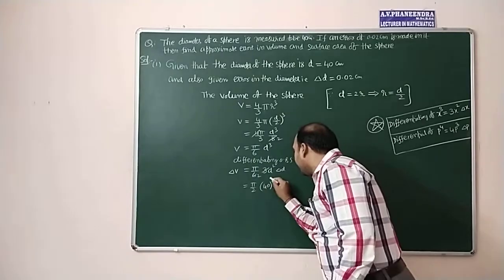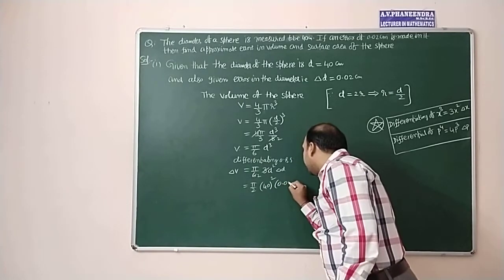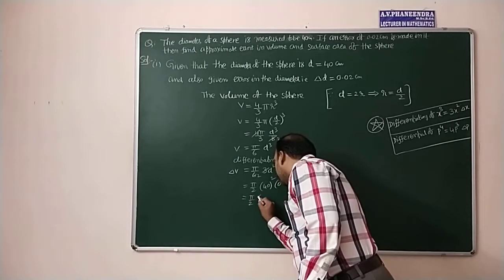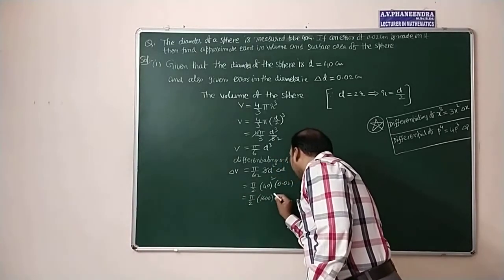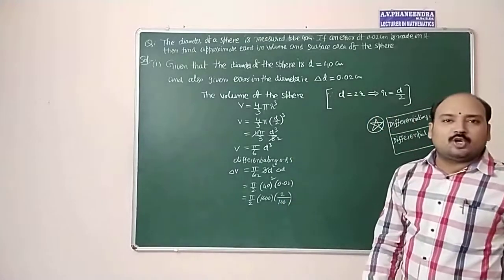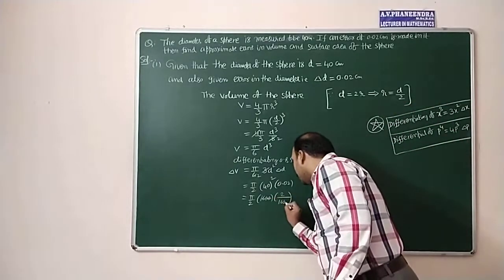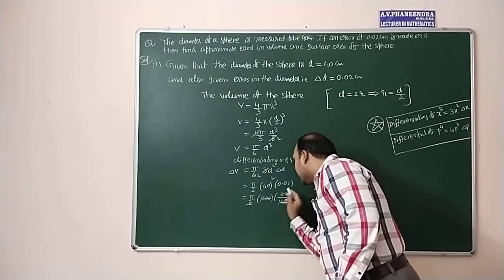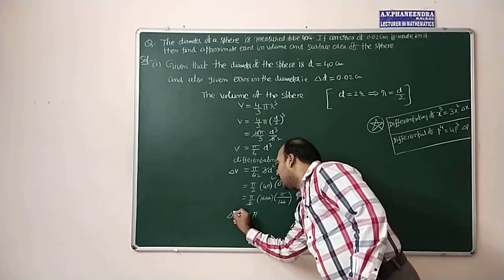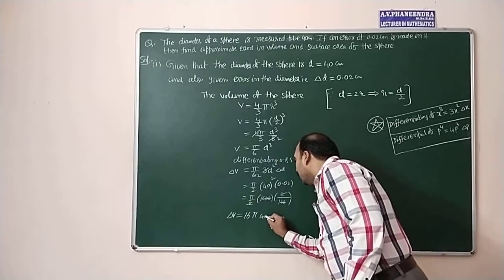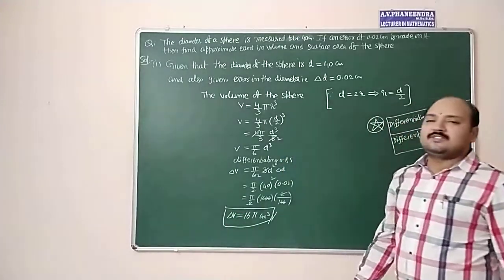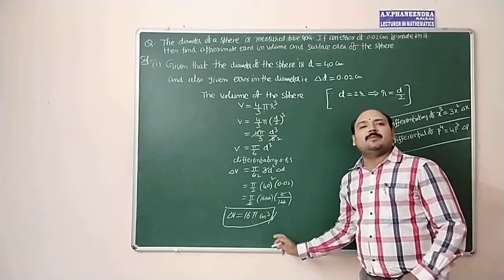40 into 40 into 0.02, which is equal to pi by 2 into 1600 into 2 by 100 now. 0.02 means 2 by 100. So here 2 zeros, here 2 zeros get cancelled, which is equal to 16 pi. Delta V is equal to 16 pi centimeter cube.